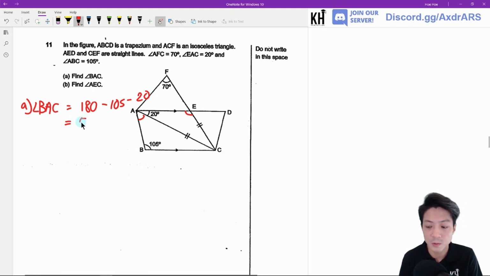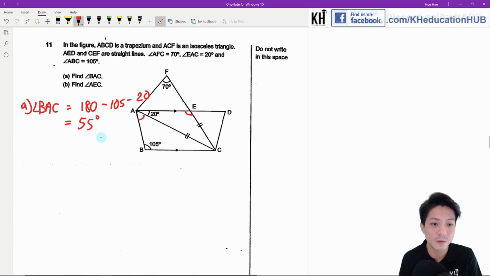It's gonna be equal to 55 degrees. Let's see how we are gonna find part B. I can find out this angle first because ACF is isosceles, so these two angles are the same.